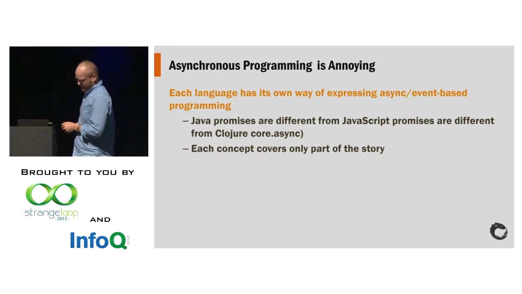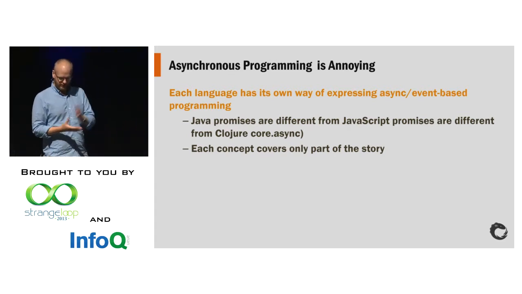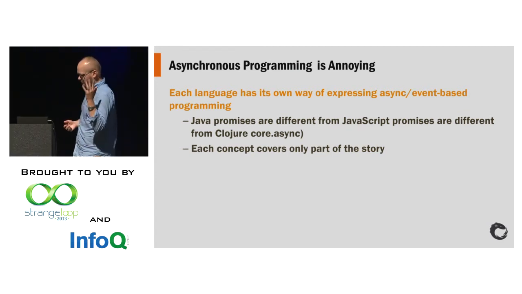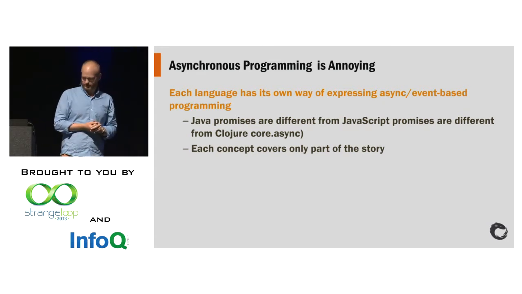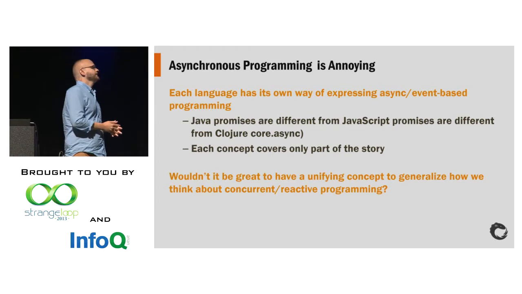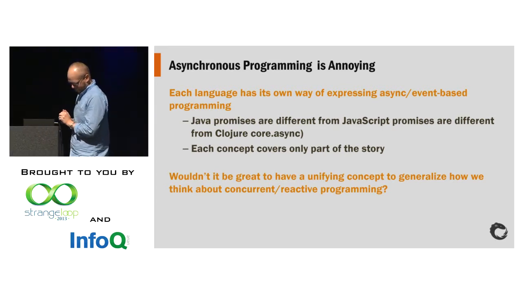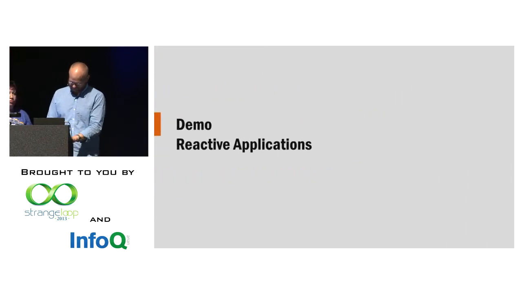And in .NET, we're just as confused with tasks and everything else that we have. But each concept, either a promise or an event, is really only part of the story. The promise is only a one-time operation, and the event is a multi-operation. But wouldn't it be great if we could think about them both as the same thing? And I think we can through the reactive extensions.